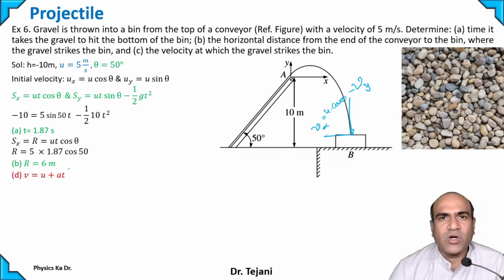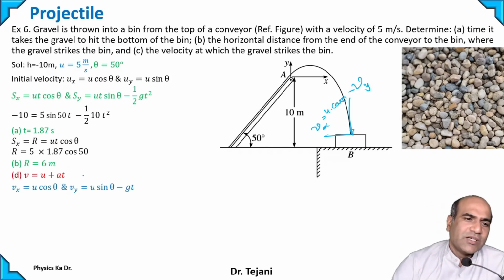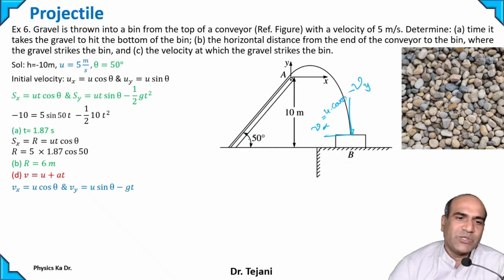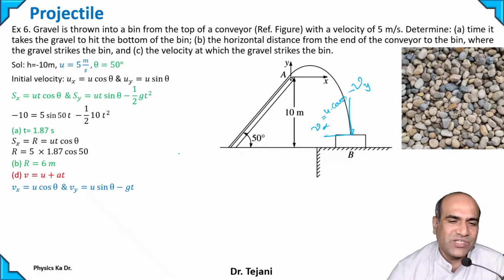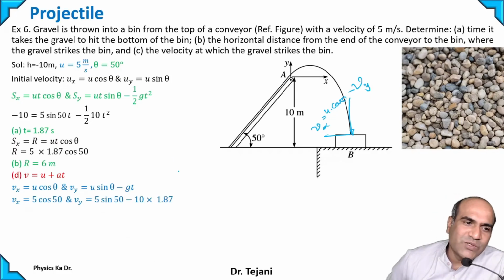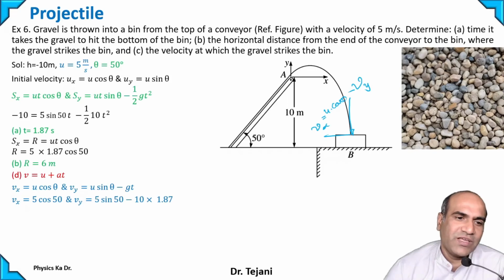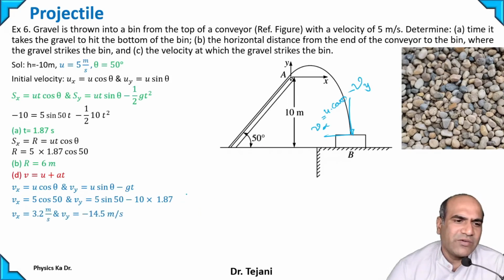In the horizontal component, no acceleration is taking place. So Vx is equal to u cos theta and Vy is equal to u sin theta minus gt. That we know. Put the values here and you get Vx is equal to 3.2 and Vy is equal to minus 14.5.